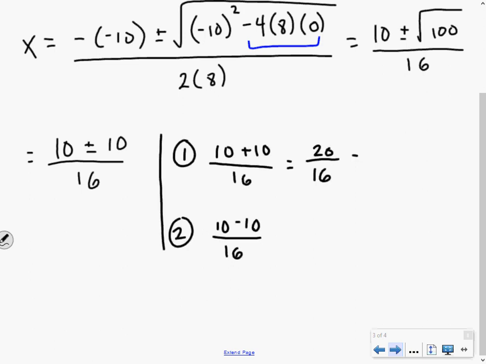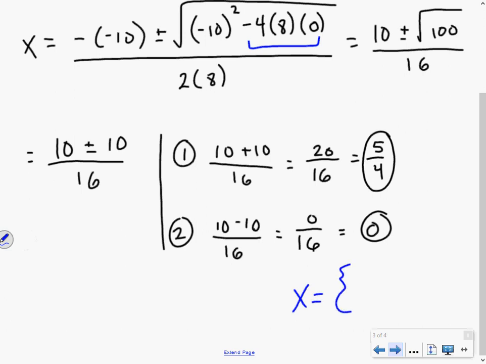Okay, so here, this is going to reduce to 5/4. And here we just end up with 0. So let's write it as a solution set, and we're done.